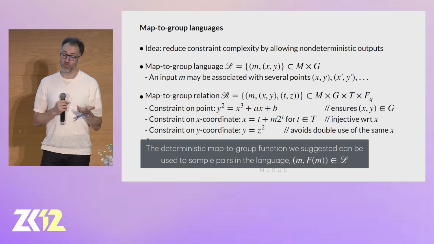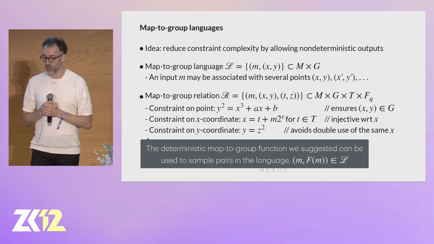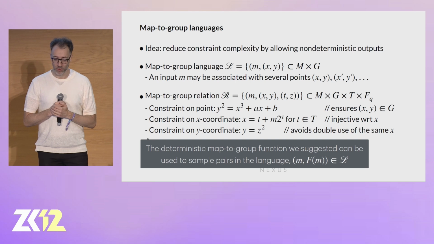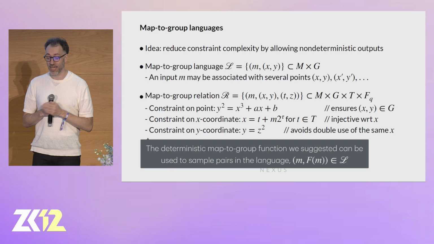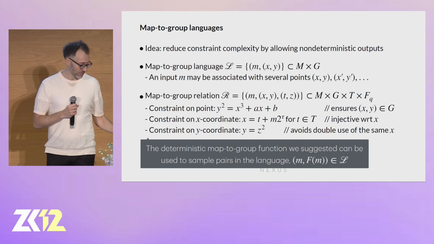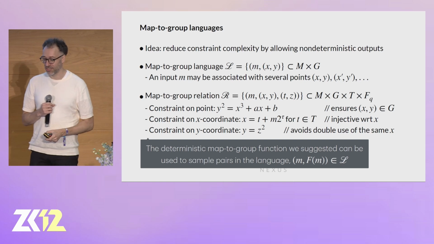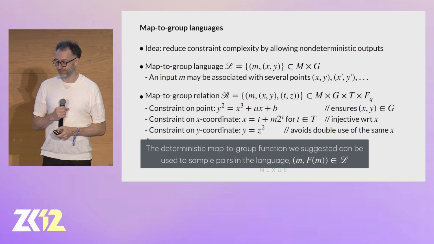All of those are pretty simple constraints to verify. So using this kind of multiset hash with the map to group function, we have a deterministic map that can be used to sample such points.